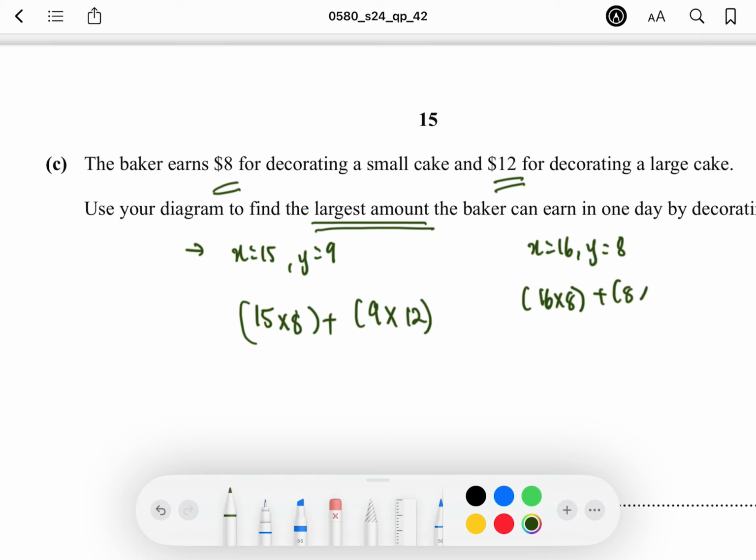Let's see which one of these give you the largest amount. Logically, the largest amount, sama macam konsep upper bound, lower bound kan?